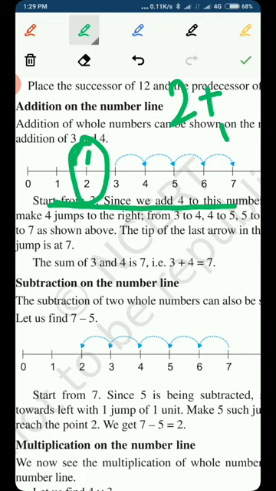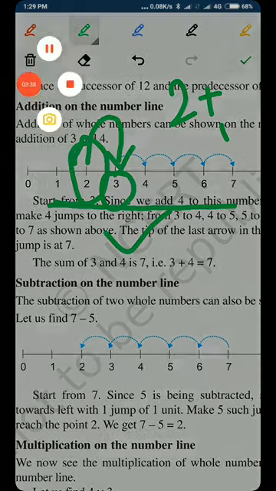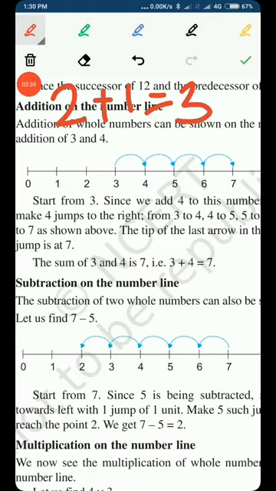So we will jump one time from 2 at the unit distance. When we jump one time with the unit distance from 2, where do we reach? We reach 3. So the addition of 2 plus 1 is 3.